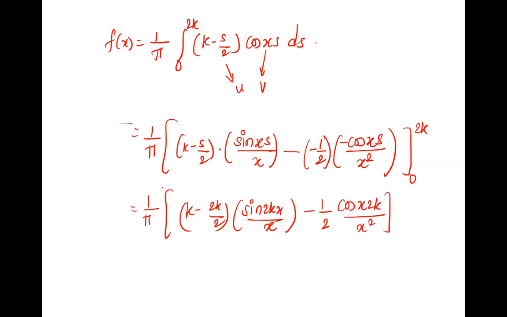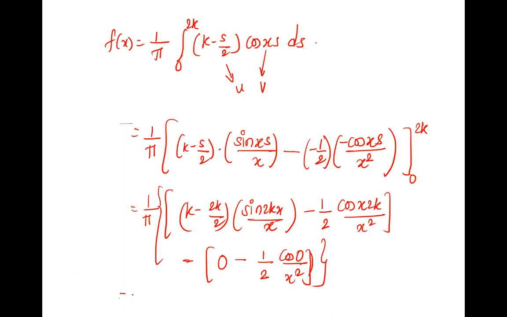Upper limit done. Minus lower limit, you have to write s as 0. So if s is 0, it is sine 0. Sine 0 is 0, so 0 into all these things is 0. Minus 1/2 cos 0 upon x square.